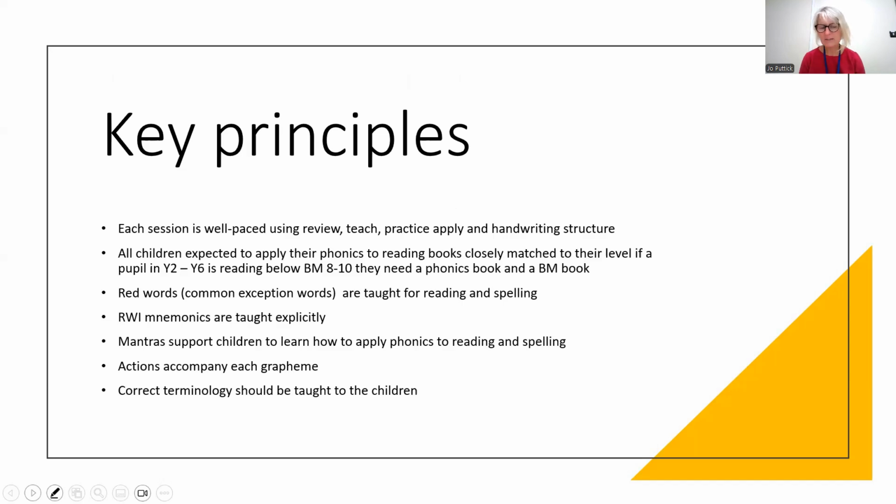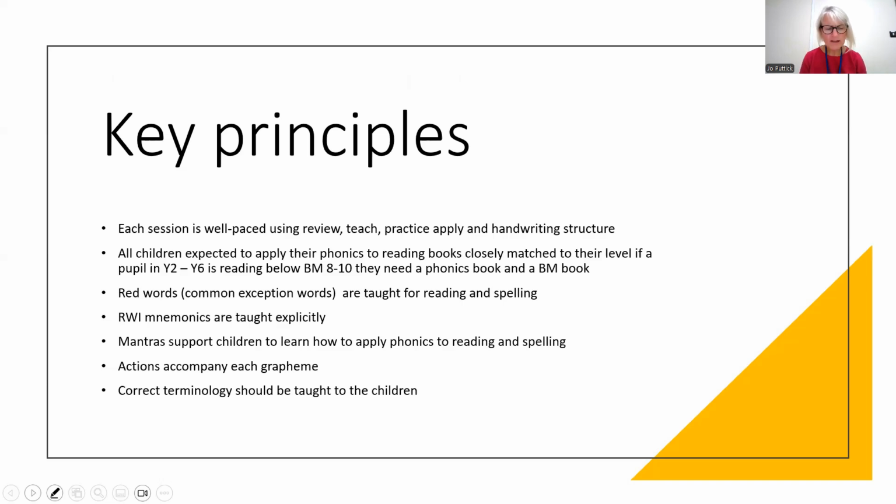All children are expected to apply their phonics to reading books closely matched to their level, so that the children will have phonics books to read from. As they are moving on in their reading, they will sometimes have a second book as well, which will require them to use their phonics, but it will require them to apply a range of phonics learning.